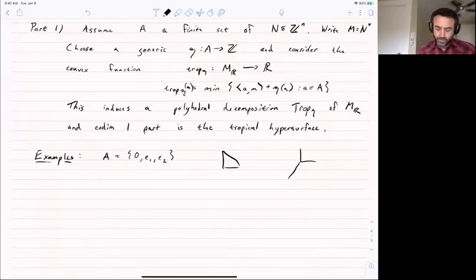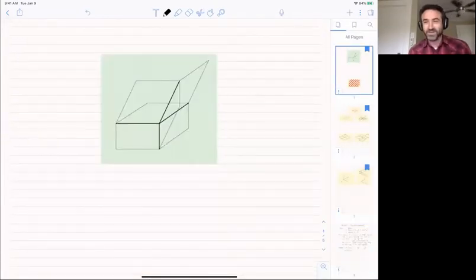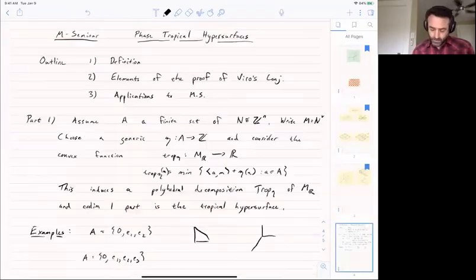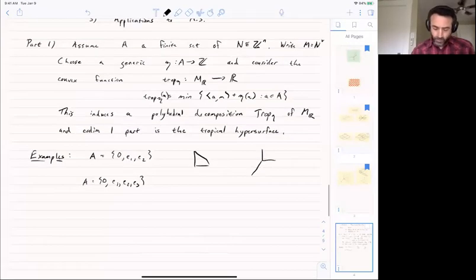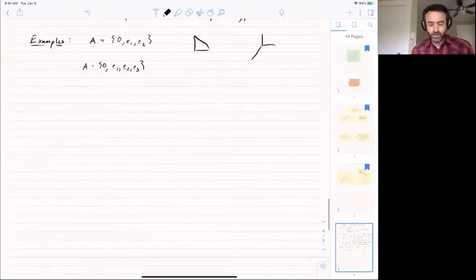Of course, you can go into 3 dimensions, and I have some pictures. So this is the tropical variety for this one here. So these are the tropical varieties here. These are tropical pairs of pants, and they'll be sort of the point of focus.